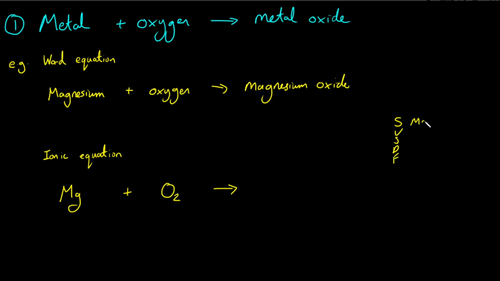So magnesium is Mg, oxygen is O. Magnesium's in group number 2, so it's got a valency of 2. Oxygen's in group 6, it's got a valency of 2 as well. Swap them round, and I can simplify this down because I've got a common factor of 2, and therefore the final formula for magnesium oxide, I've got 1 Mg and 1 O, so it's just MgO.